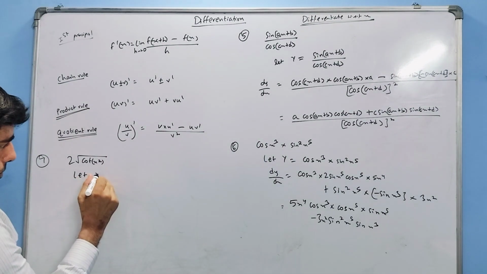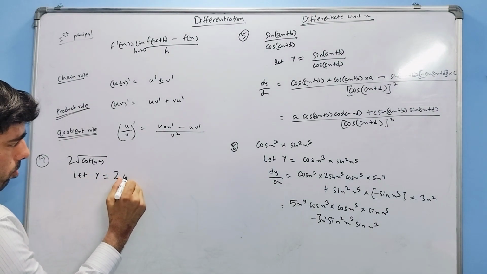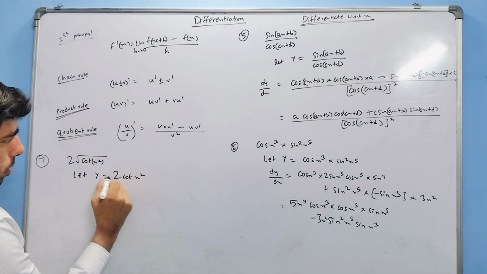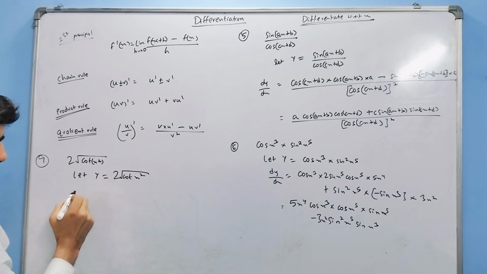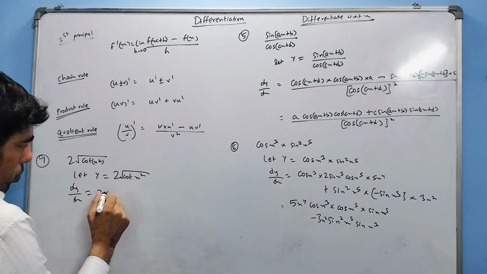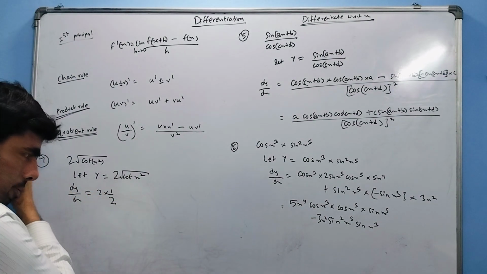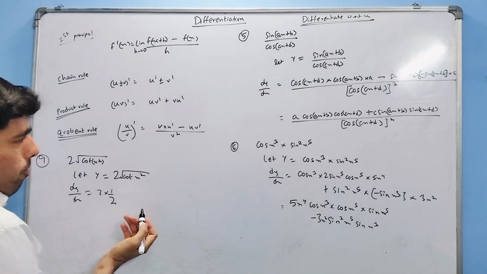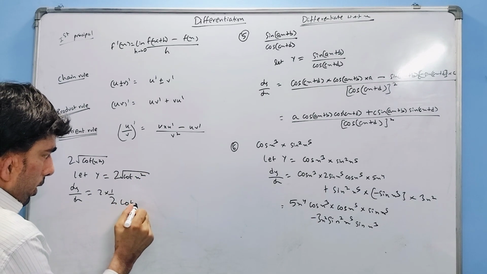Let y is equal to 2 cot x square to the power half. Now we'll differentiate it. We'll get 2 into half, cot x square to the power half minus 1, which is minus half.